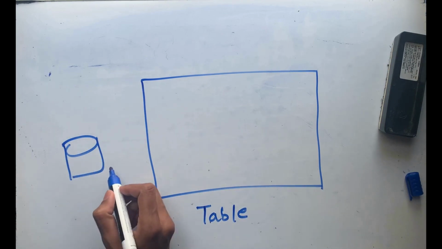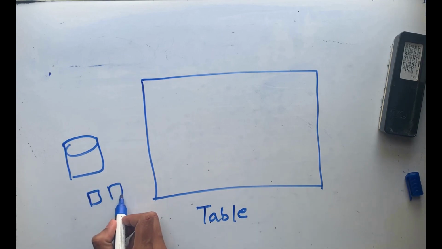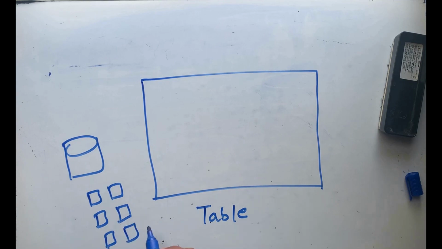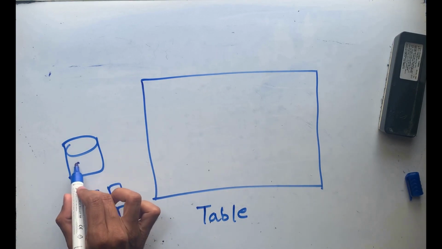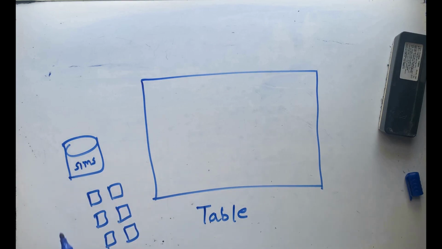This is the database having different tables like student, department, faculty, course, and after that subject. So this is the SIMS database, School Information Management System, and it has multiple tables, and the tables are related to each other with the help of primary key, foreign key relationships.